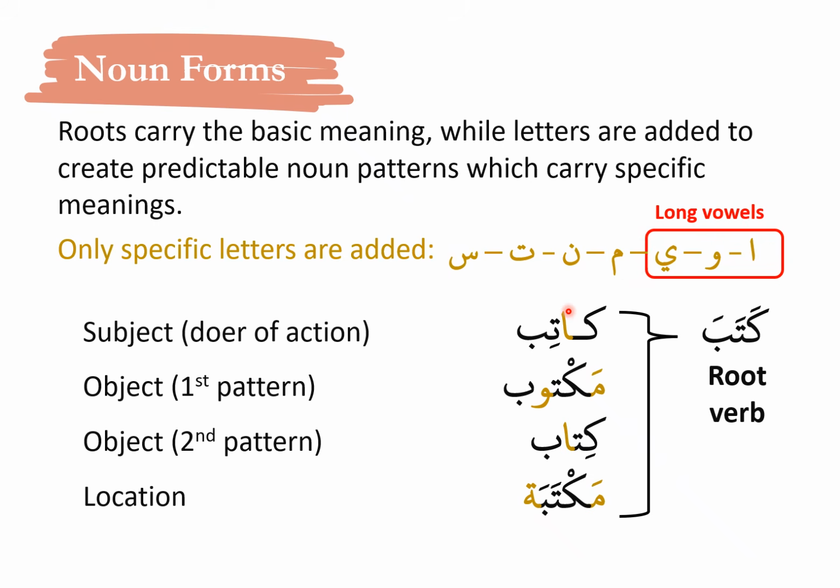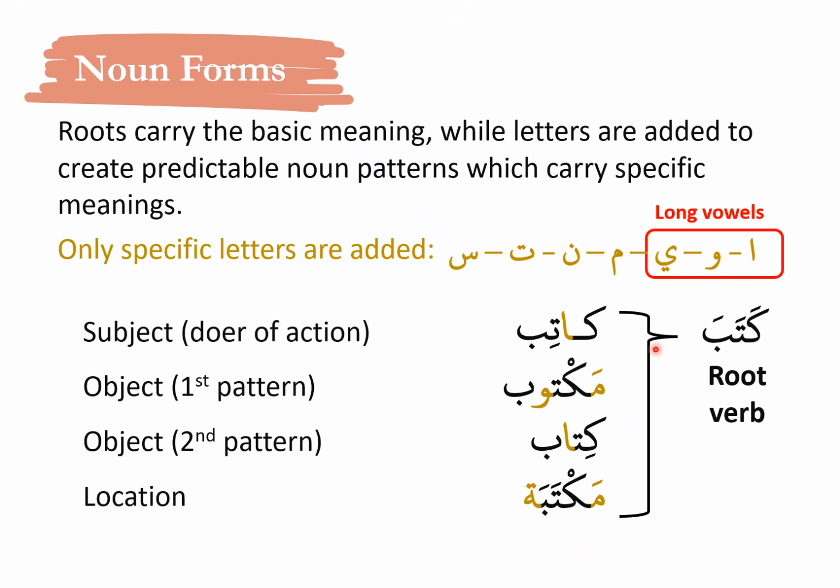They appear in the middle of words, of course, so in the middle here and also the middle here, you see it, and the other letters can appear in the beginning or in the end. So these new nouns here, each one has a slightly different meaning from the root, and of course forms only noun.